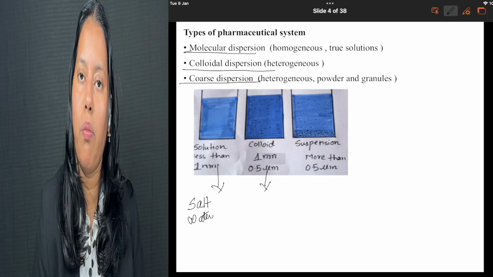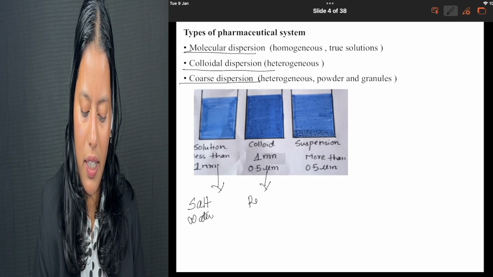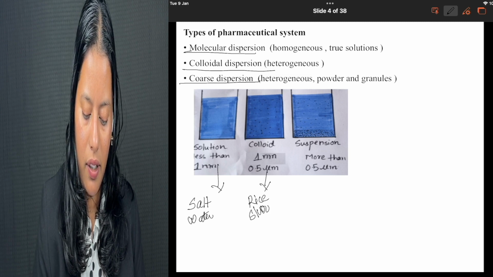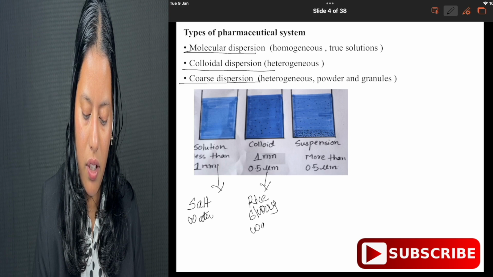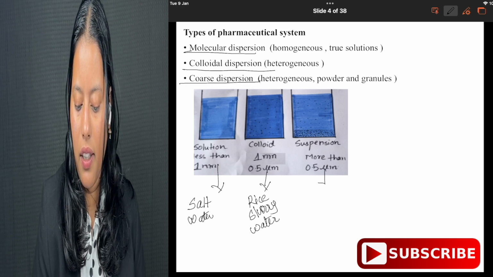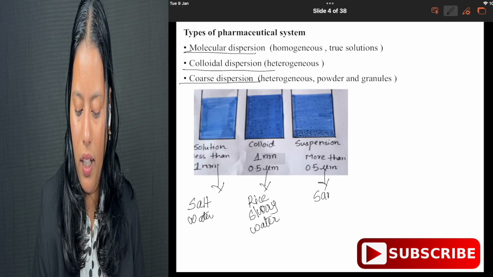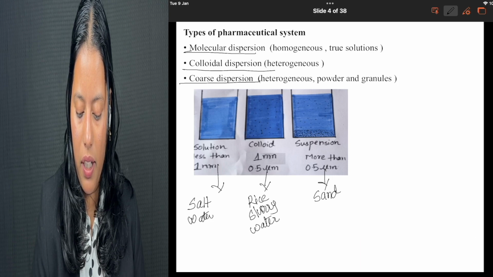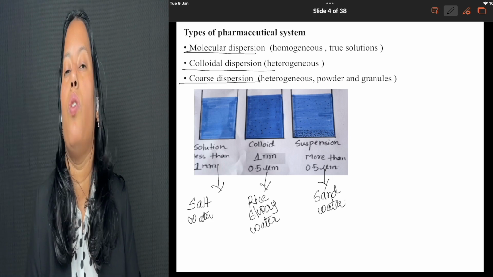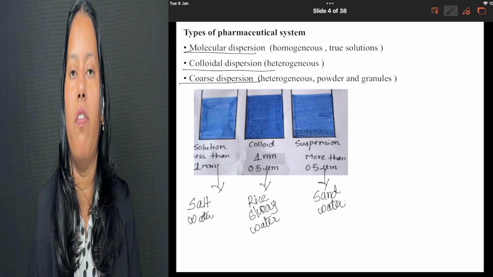In the second experiment, you can take rice slurry in water. And in the third experiment, you can take sand particles in water. Take a transparent glass so you can observe very well.